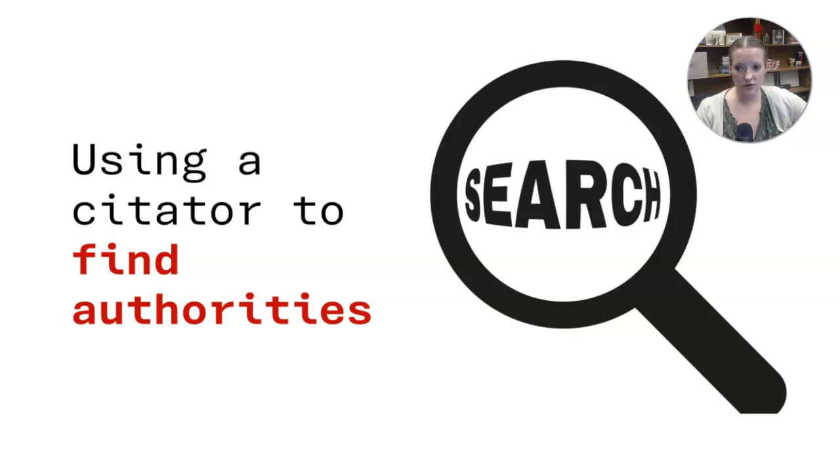So first, let's briefly review that first reason that we're using these citators. Again, we looked at this more closely during our last workshop, but we saw that we can use citators to find other relevant authorities, whether cases, statutes, secondary sources, whatever it is, that can help you further your research.